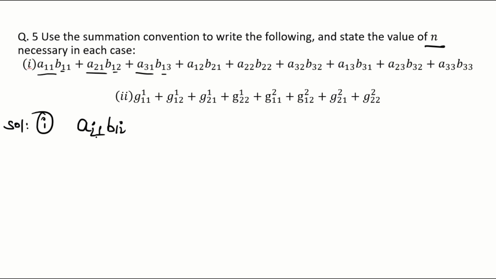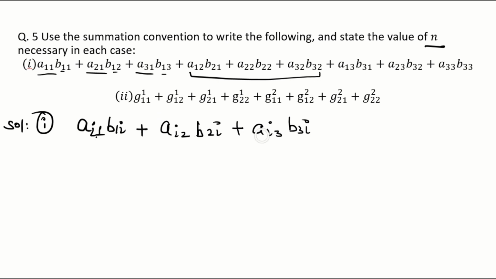Now let's combine these three terms. A's second subscript is 2 and the first is varying, so I write ai2, and for b the first subscript is 2 and the second is varying, so b2i, and i is dummy, so there will be a sum from 1 to 3. So you will get these three terms. In the same way we write ai3 and b3i.